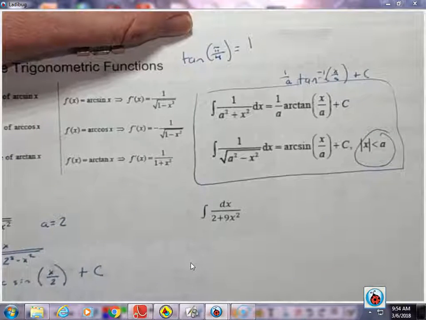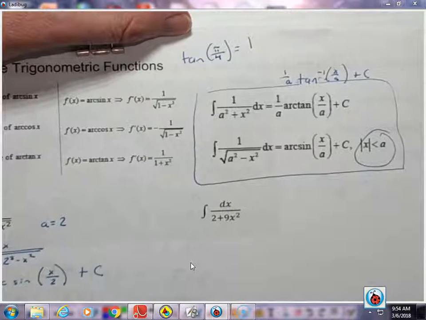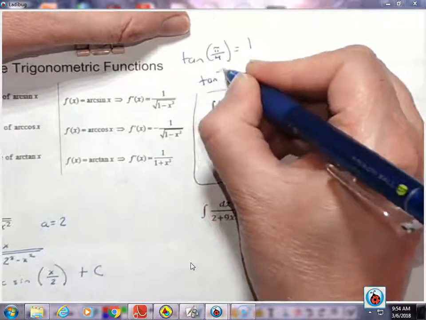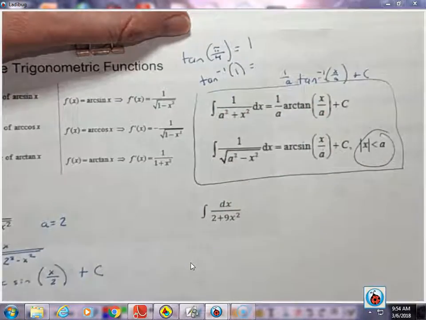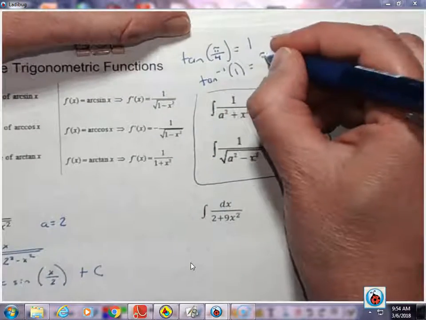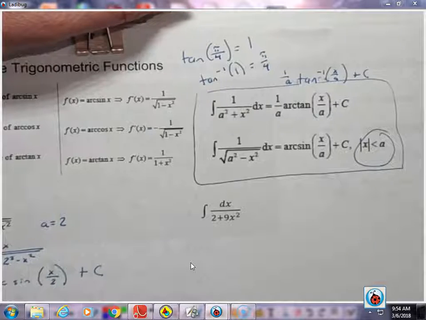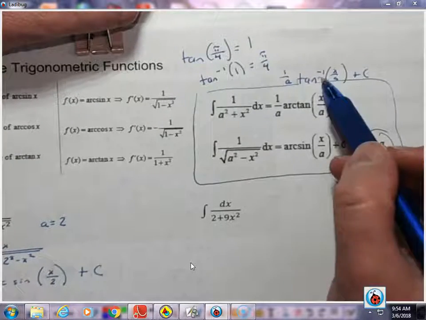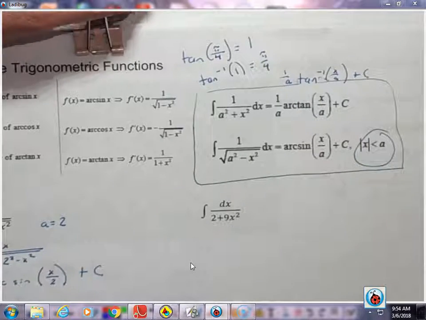Because pi over 4 is the spot on the unit circle where it's square root of 2 over 2, square root of 2 over 2. So for tangent, you just divide those. So if I ask you tan inverse of 1, I'm asking you what's the angle that has a tangent of 1. It's pi over 4. So it's just going the opposite way. But arctan and tan inverse are the same thing.